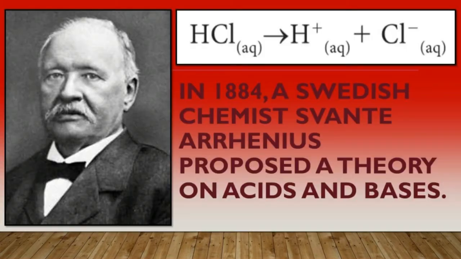In 1884, a Swedish chemist, Svante Arrhenius, proposed the theory of acids and bases. According to him, an acid is a substance which gives H+ ions.